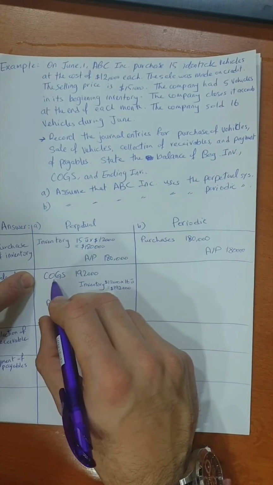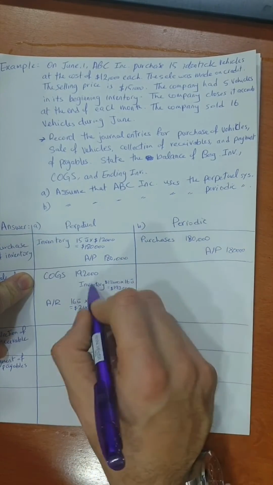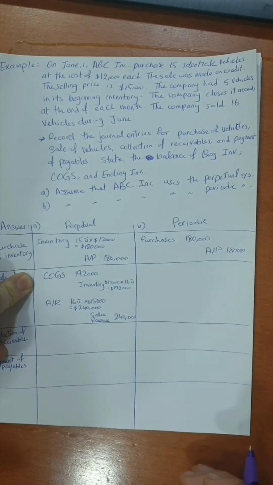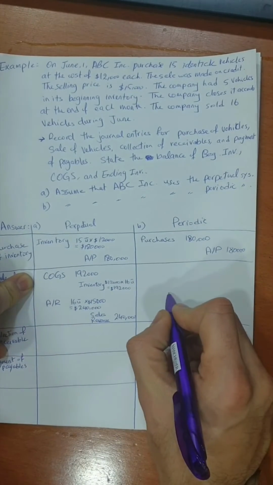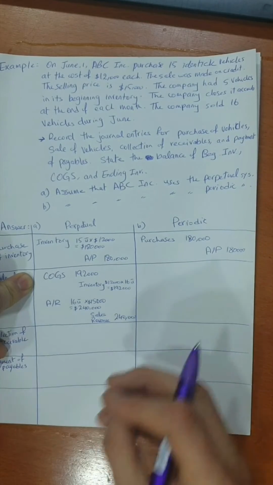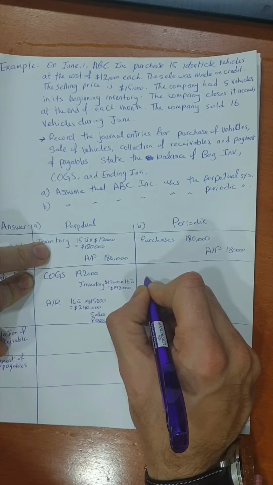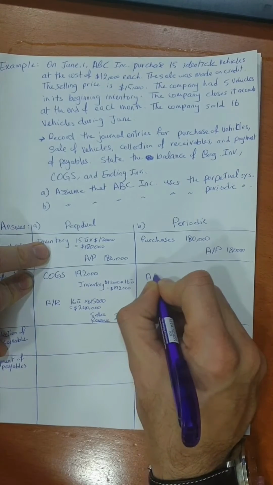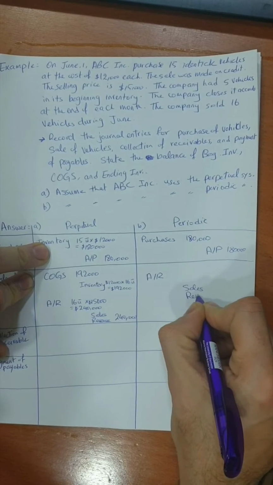Okay. Now, the periodic only realizes the revenue and doesn't have an effect on the cost of goods sold and inventory, because it doesn't even have an inventory account. These will be computed at the very end in one accounting record. Okay, and this is why it's an outdated or a slow system. So what happens here is that you will simply have account receivable and sales revenue.